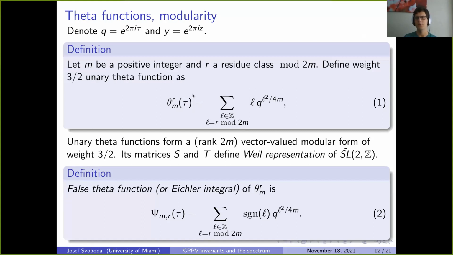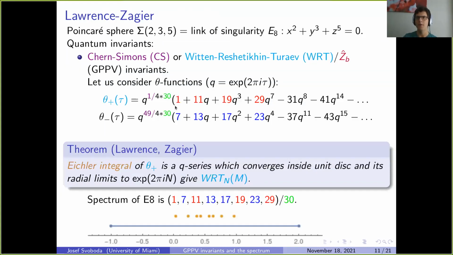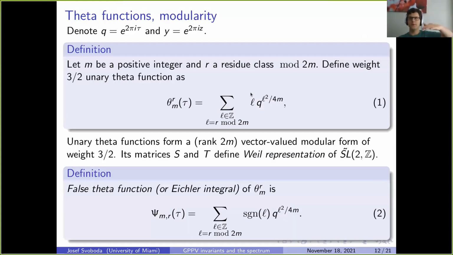Basically the data is the integer m, which is 30 here, and then you take all the residue classes modulo 2m, so there are 60 of them. If you take them together, you get a vector with 60 components, and this gives you a vector valued modular form, a Weil representation of the double cover of SL2Z, double cover because of this half here.